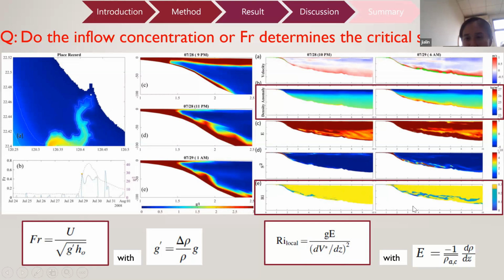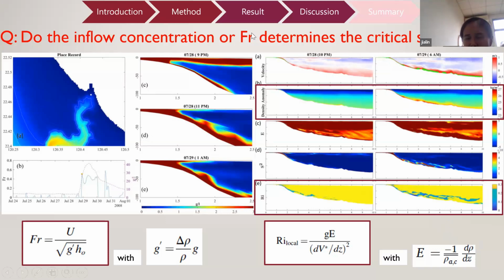So if we see this figure and compare with the density anomaly figure over here, we can see a lot of Richardson numbers more than a quarter, the red color, which shows the high density water, also showing in the same location.